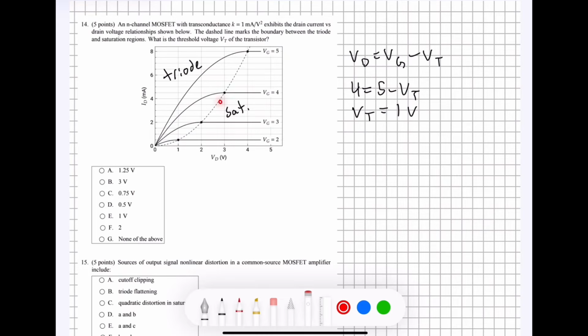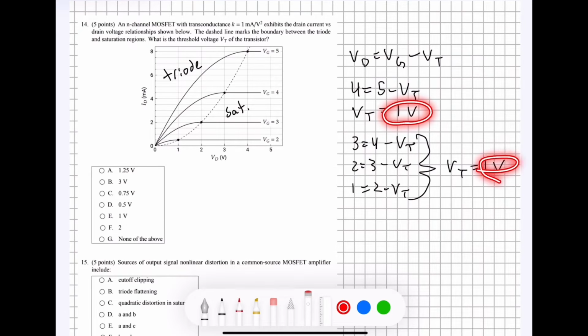And we can try this with all of the other points on this line here. If we have 3 equals 4 minus VT, 2 equals 3 minus VT, 1 equals 2 minus VT, all of these right here are going to give us a threshold voltage equal to 1 volt.